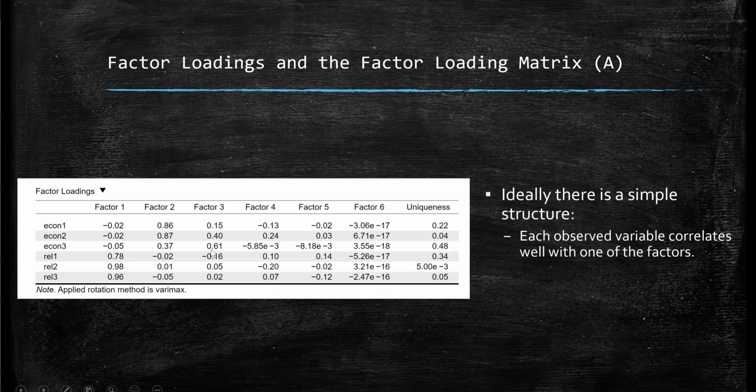So it's suggesting that maybe the third economics variable might belong on its own factor, but we have Econ 2 loading on that. So it's not as simple as the correlation matrix led us to believe, but we'll reserve judgment for now on how many factors there should be.